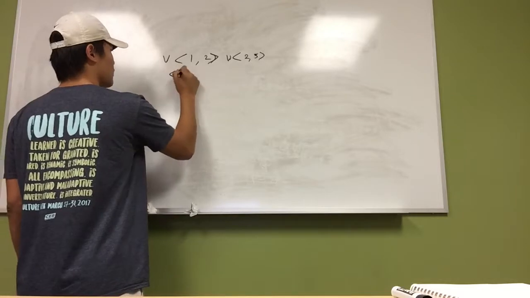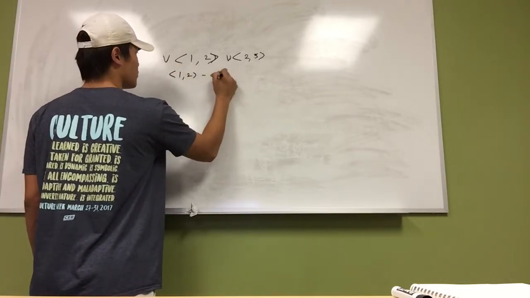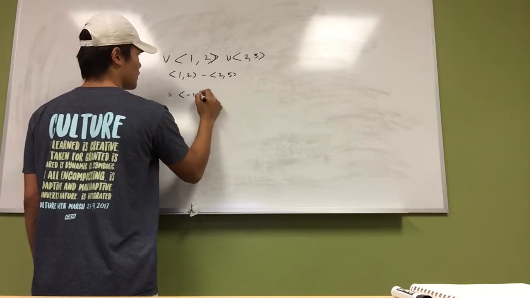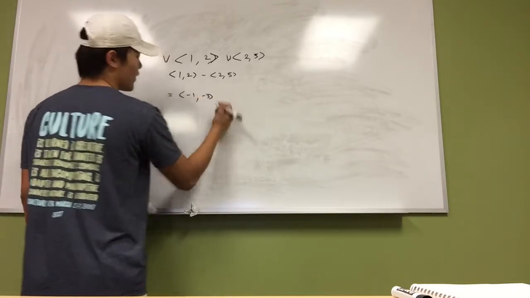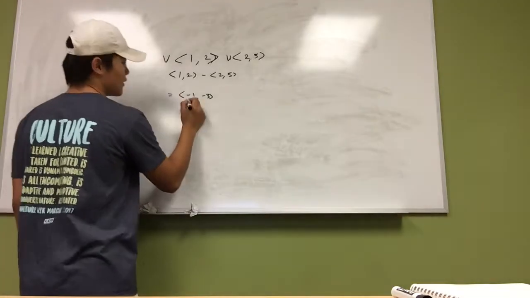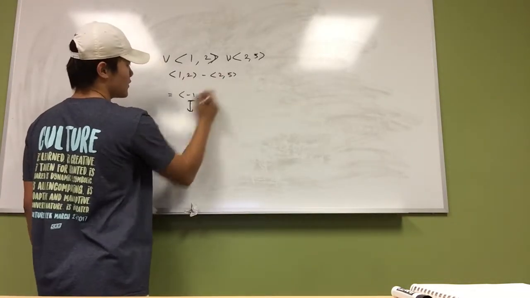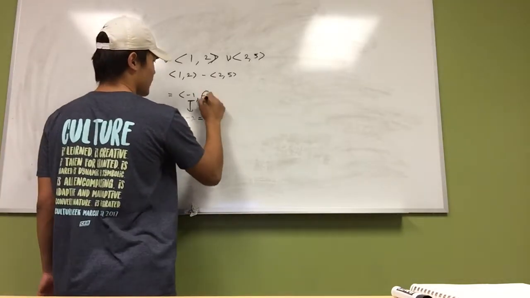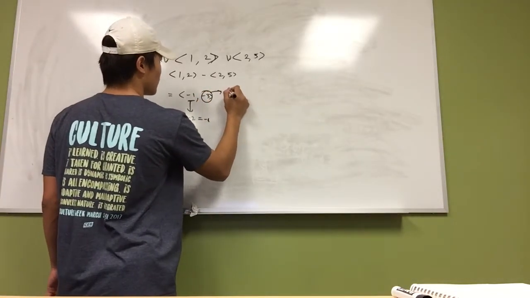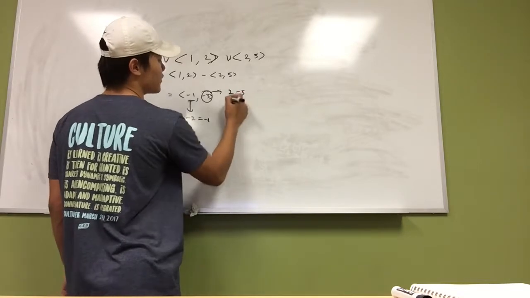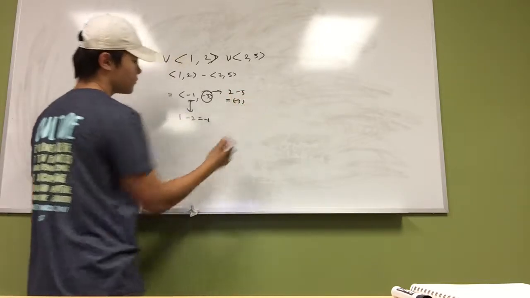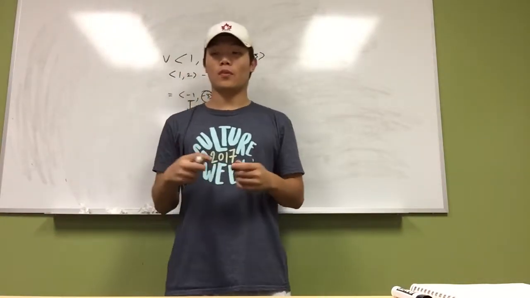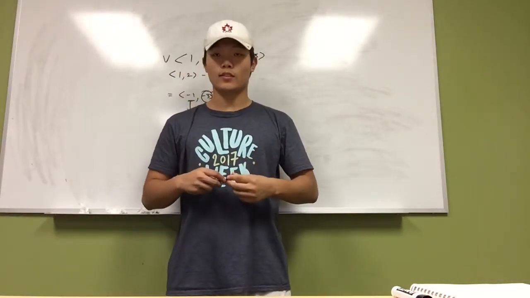Then it will be 1, 2 minus 2, 5. It would equal -1 and -3. How is that? That's because this one is 1 minus 2, which is -1, and -3 comes from 2 minus 5 equals -3.